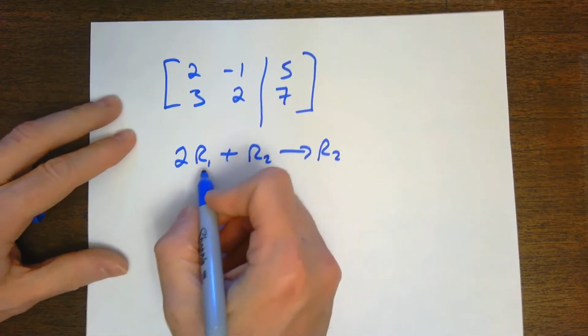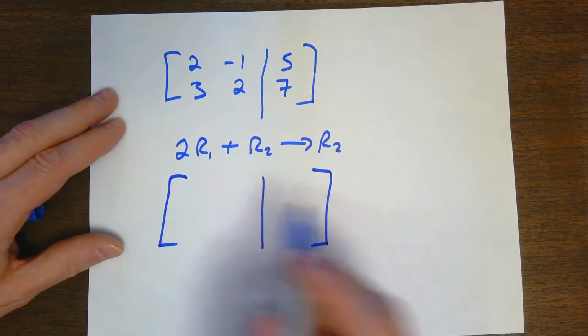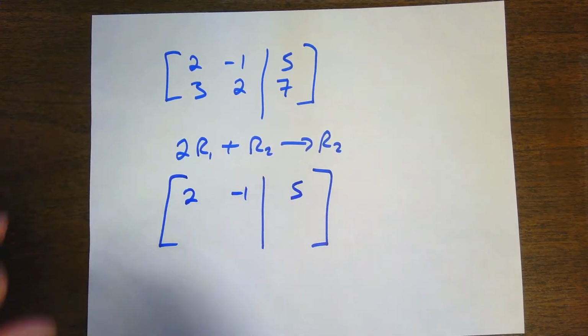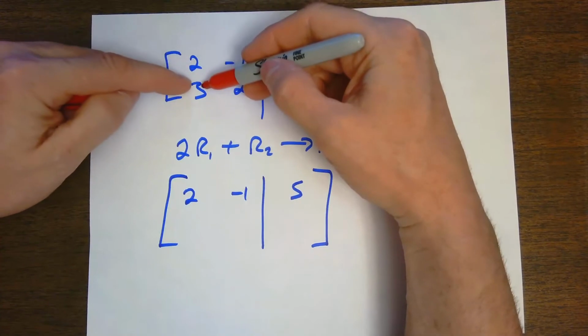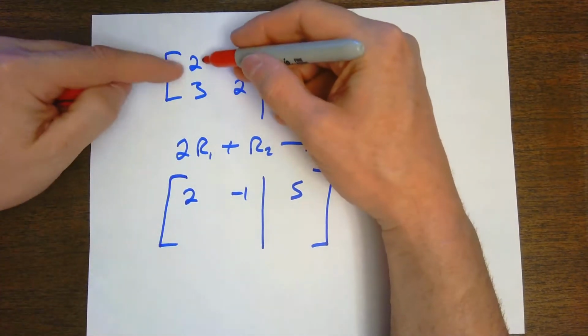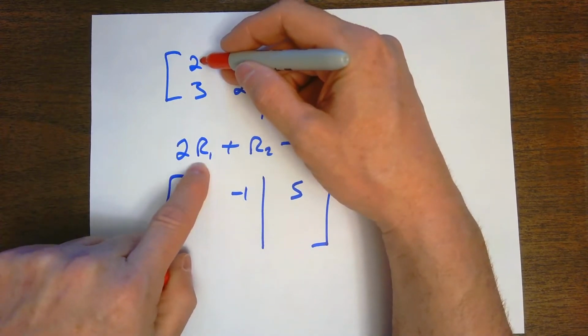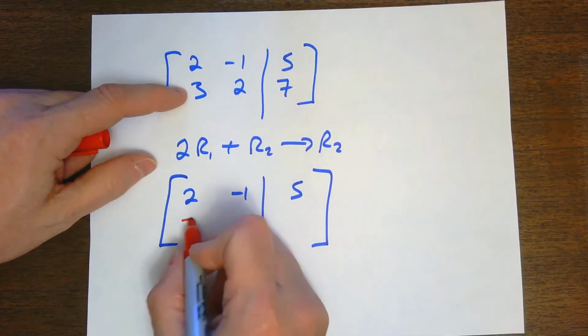So if I do this operation, just that operation, what's my new matrix going to look like? Well, row 1 isn't changing. Row 1 is going to stay exactly the same. But I'm going to take 2 times this and add it to that and put it in here. 2 times 2 is 4. 2 times row 1 is 4. Plus 3 is 7.